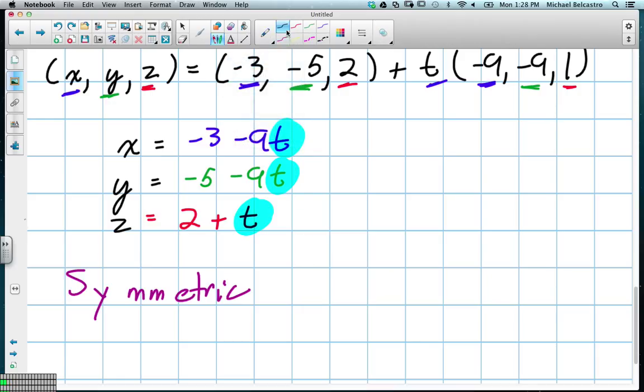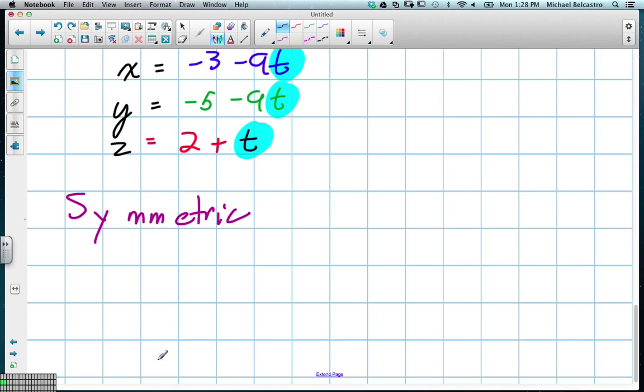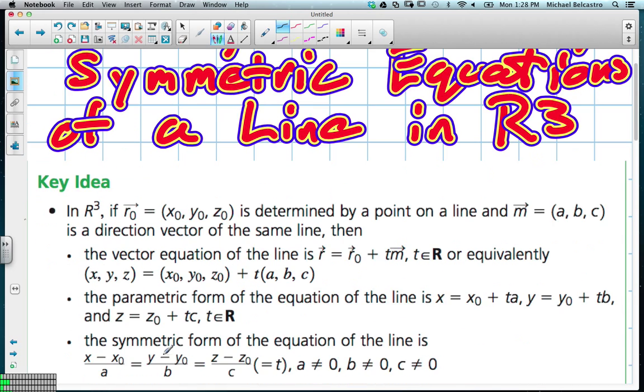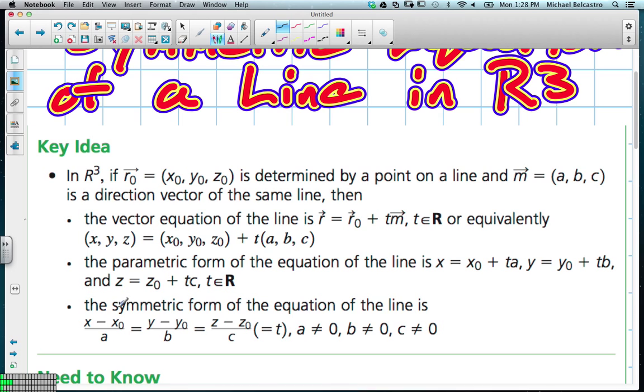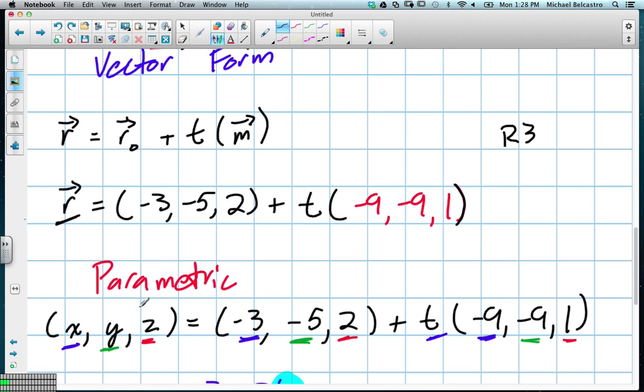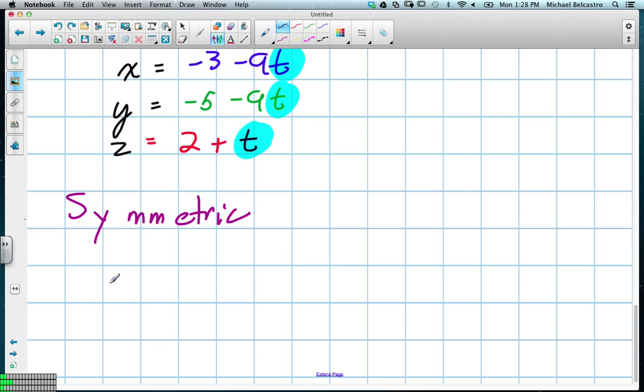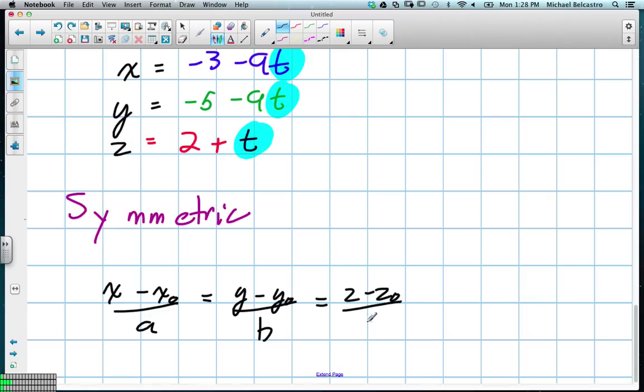Normally they write it as x minus x naught over a is equal to y minus y naught over b, which is equal to z minus z naught over c.